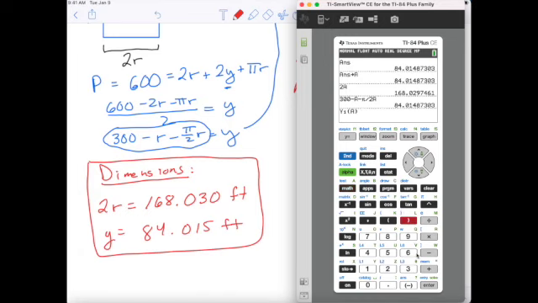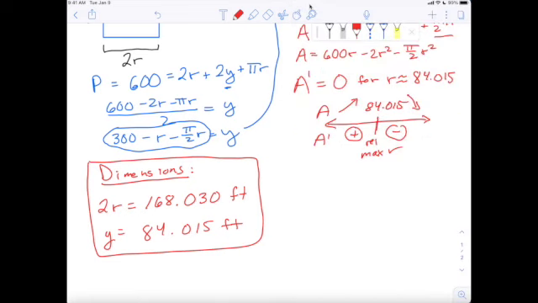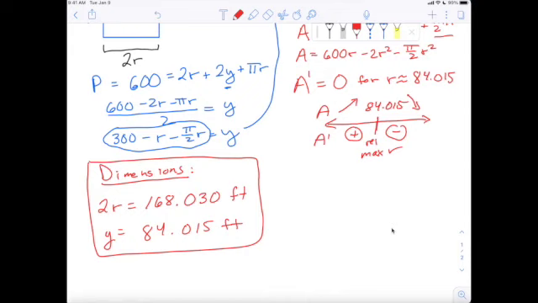That's going to yield the maximum area, and here is that area. That would be the maximum area, 25,204, etc., square feet. But they didn't really ask for that here, so I don't care. But there are a lot of problems where they do ask, for whatever that main function is, the maximum or minimum value. So just nice to know little tricks with using your calculator, making it an extension of yourself.